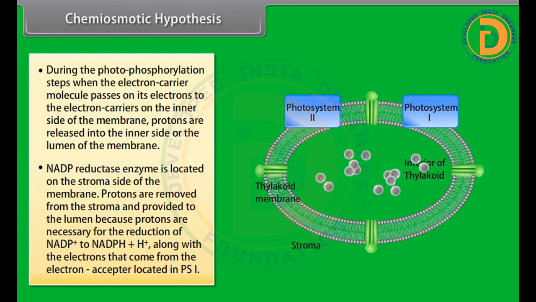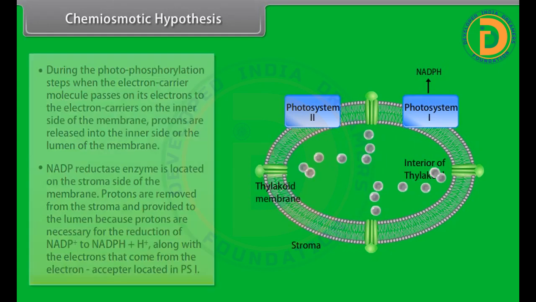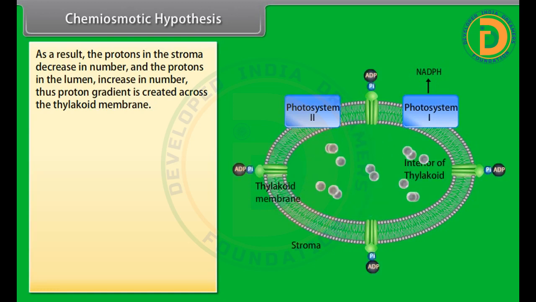Protons are removed from the stroma because protons are necessary for the reduction of NADP+ to NADPH plus H+, along with the electrons that come from the electron acceptor located in PS1. As a result, the protons in the stroma decrease in number and the protons in the lumen increase in number. Thus, a proton gradient is created across the thylakoid membrane.